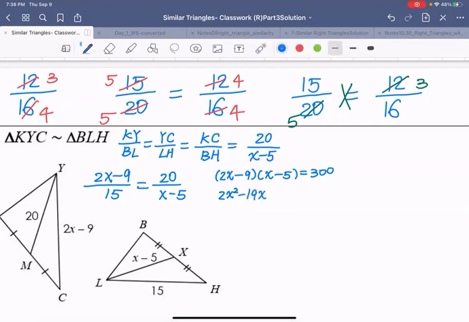Next. Plus 45. Minus 300. One more line, please. Minus also 2x squared minus 19x minus 255.